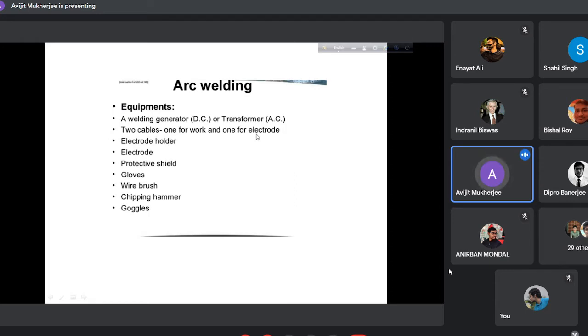Edge preparation depends on the strength requirement or types of joints, and on geometrical shapes and sizes. So here the electrode is that extra filler material. So we require two cables: one for the electrode and another for the work material.